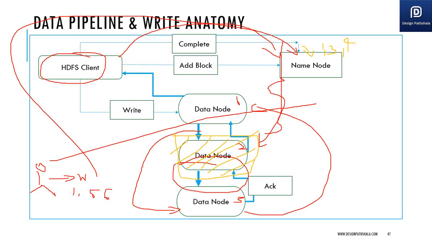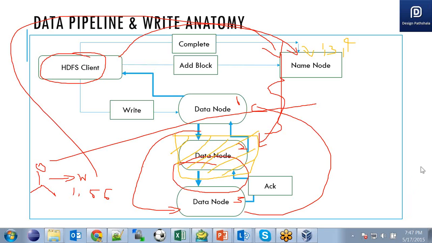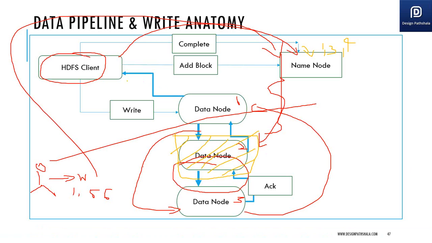Sorry, Chris, how does the node write to 3 instead of 2? When a write signal is given to this data node, it's not only the write signal which is given, but also the write signal to two other nodes: data node 1, data node 2, and data node 3. And it's said the second write will happen to 2 and the third write will happen to 3. So it knows the second write will happen to 2, and it will communicate to 2. But when it's trying to communicate to 2, it's not able to ping 2.